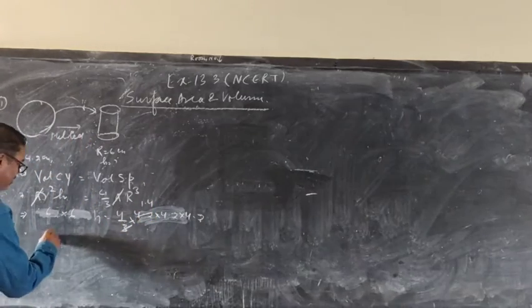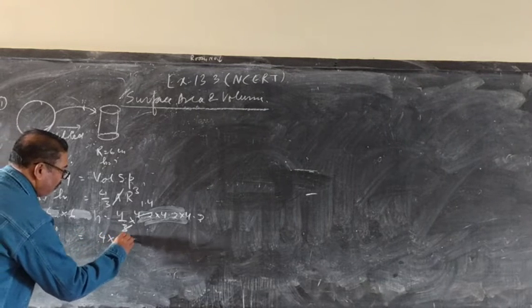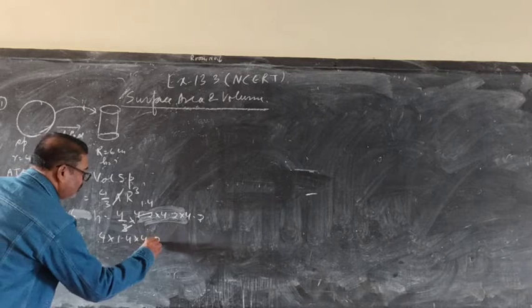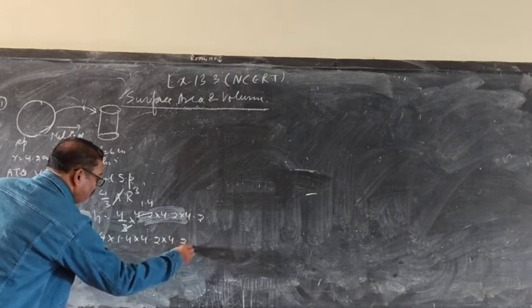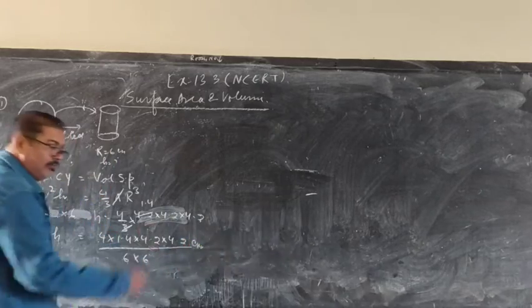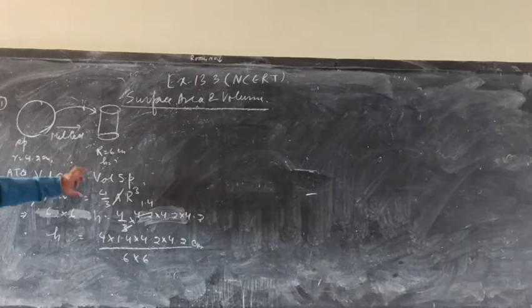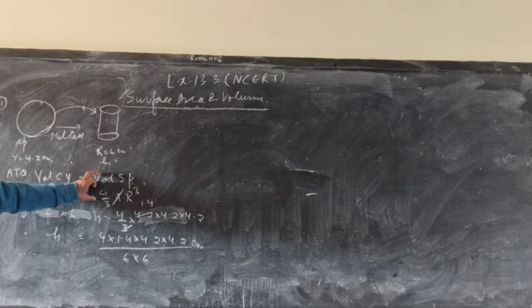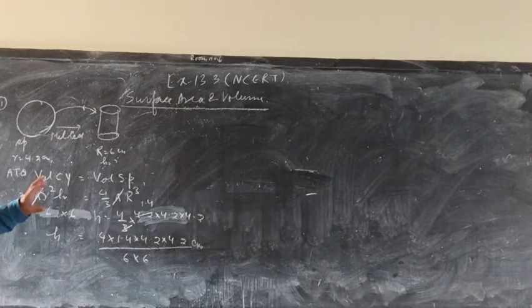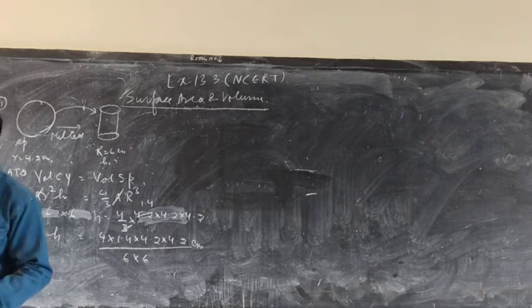So h is equal to 4 into 1.4 into 4.2 into 4.2 upon 6 into 6 centimeter. If I solve this value separately, then it will come into a certain number, and that will make our calculation a bit difficult. It will take twice the time.